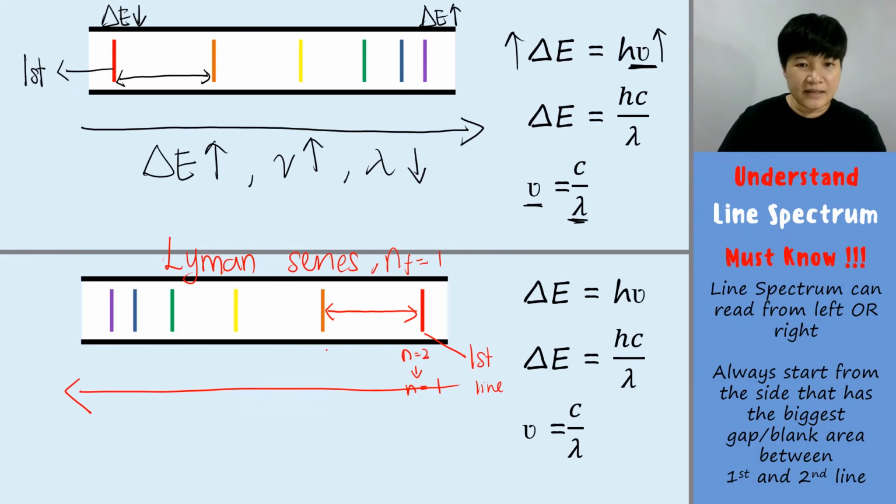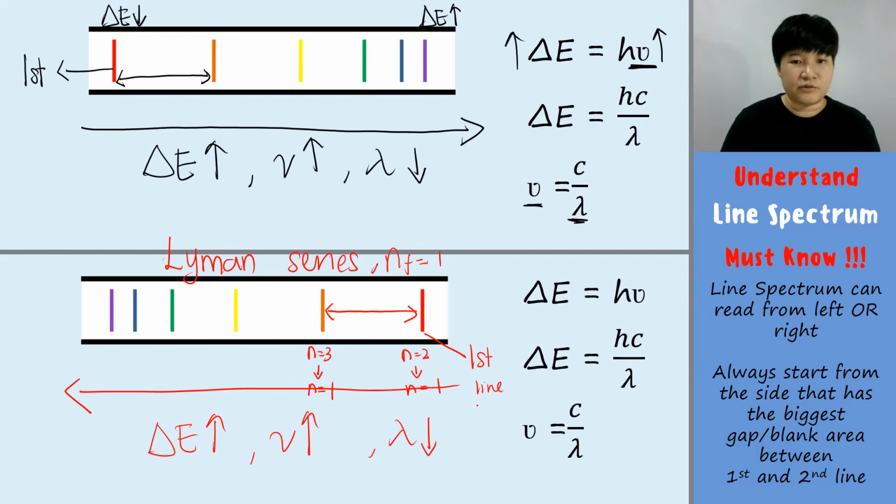While the second line over here is n equals 3 dropping to n equals 1. See that? If it's a Lyman series, we don't know what series it is, that depends on the question. But most important, same thing, your delta E will increase, your frequency will increase, but your wavelength will decrease.